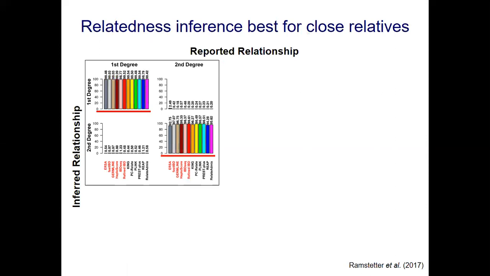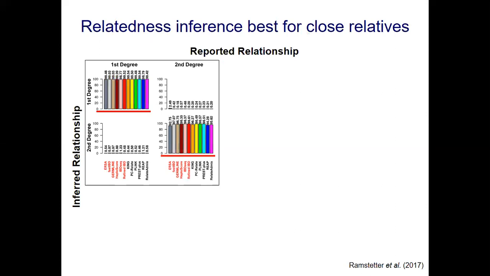What we are looking at is the rate at which these methods infer these pairs of individuals as having first or second-degree relationships. So inference is along the y-axis here. These numbers are a little bit small, but most methods infer these relationships correctly over 98% of the time.